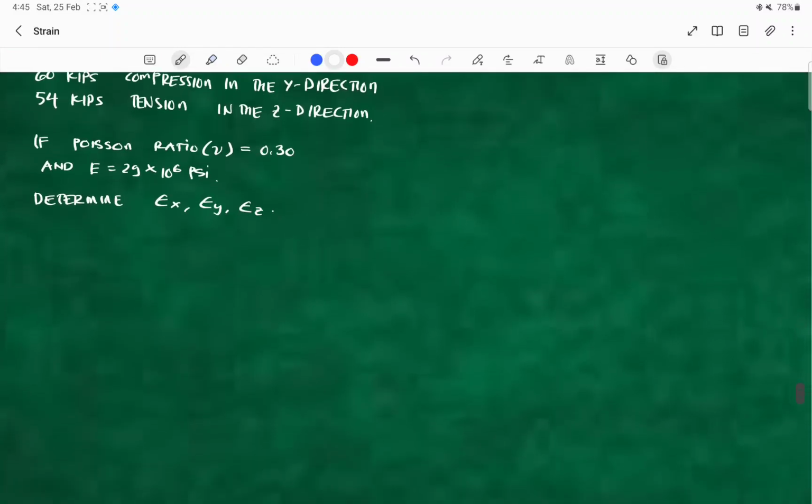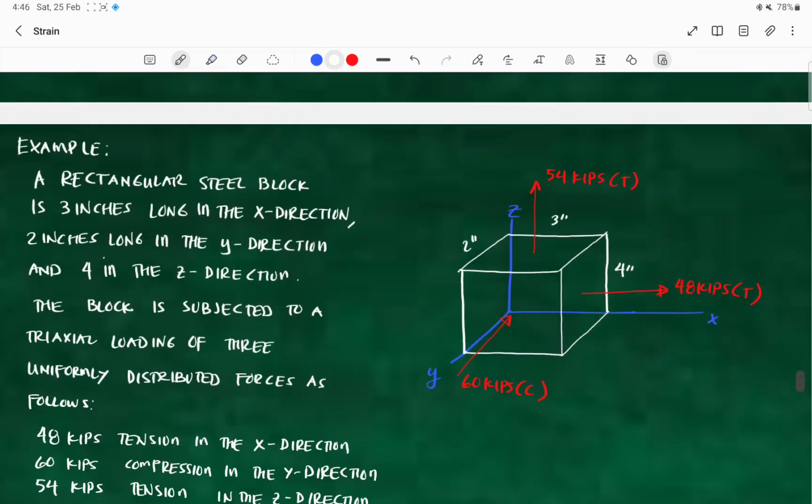Okay, so to solve for this one, let's derive a certain formula, no? So like, we want to fix yung y direction. Like, i-fix natin yung y direction. Siya yung mag-shrink, no?